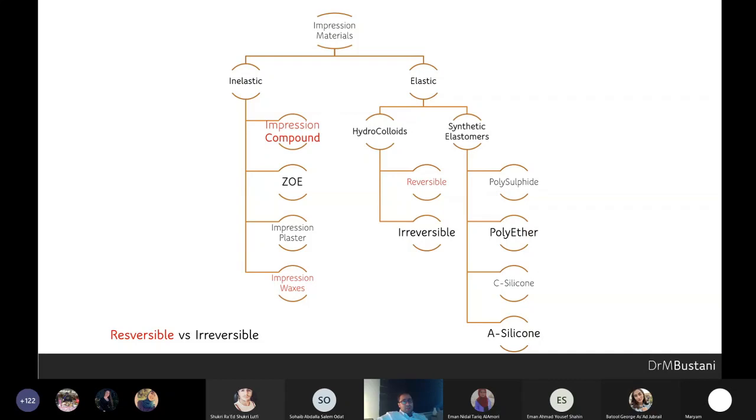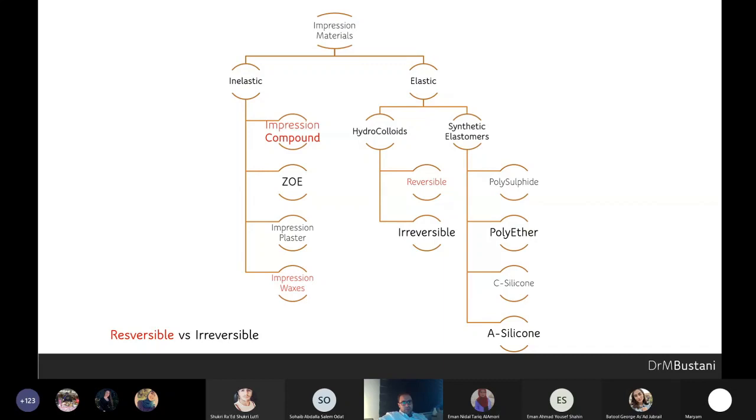The elastic materials can be either synthetic elastic materials or hydrocolloids. The hydrocolloids can be reversible, such as agar-agar, or irreversible, which is the alginate. Then the synthetic elastomers are polysulfide, polyether, C-silicone, and A-silicone.